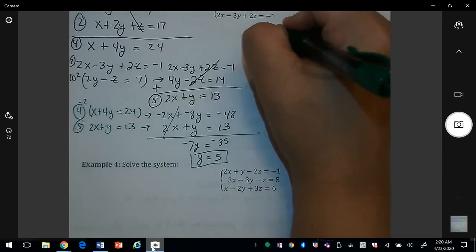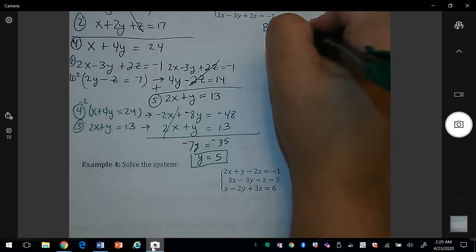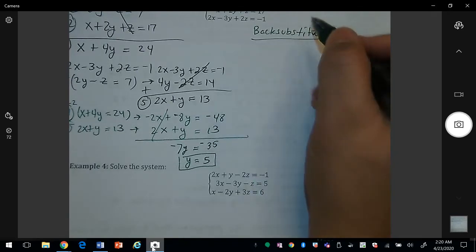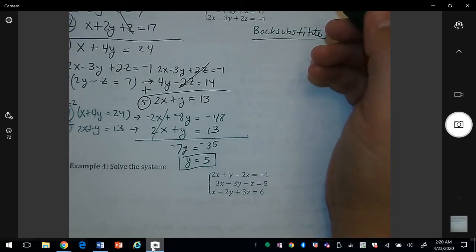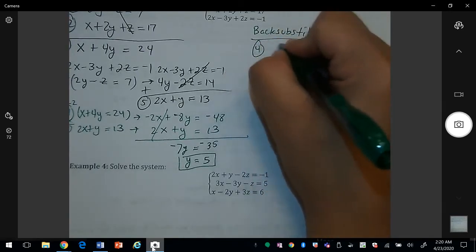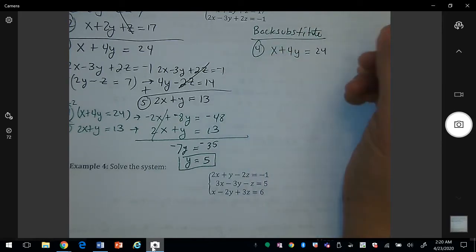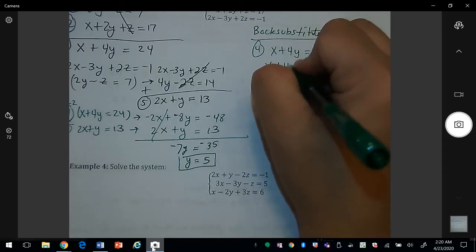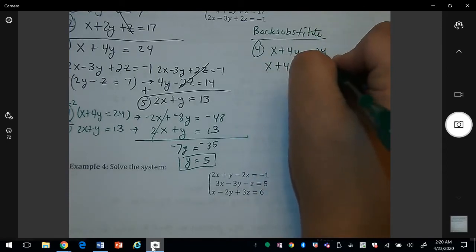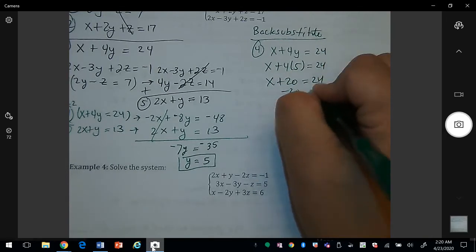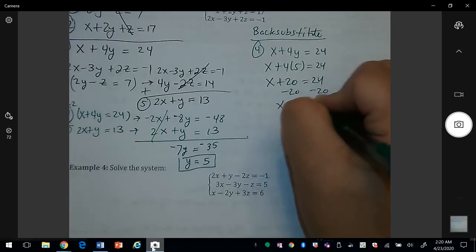We can back substitute into equation 3 or 4. I'm going to go ahead and pick equation number 4. So I know that y is 5. Subtract 20. So x is equal to 4.